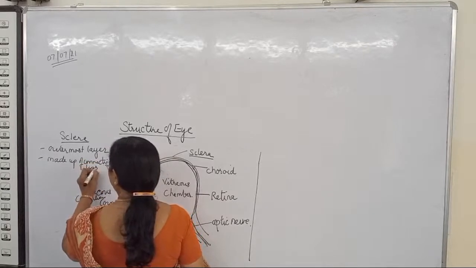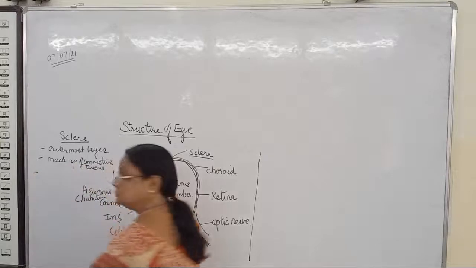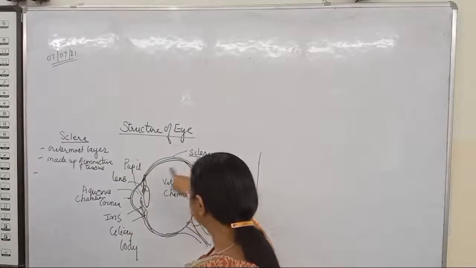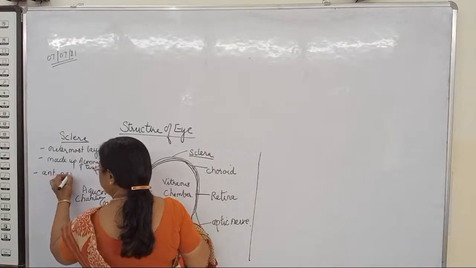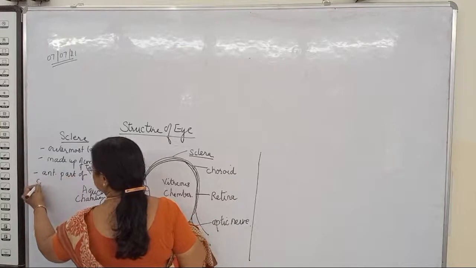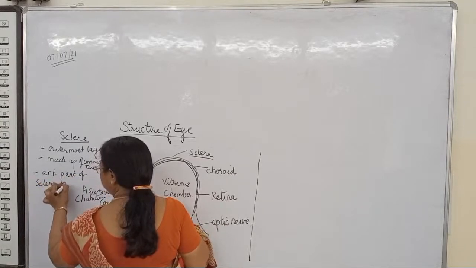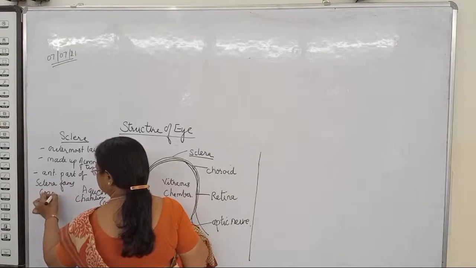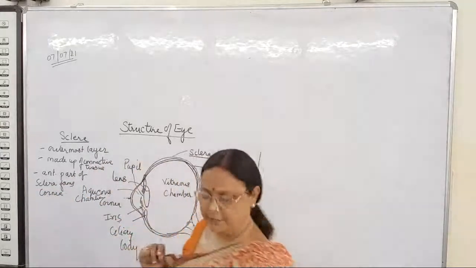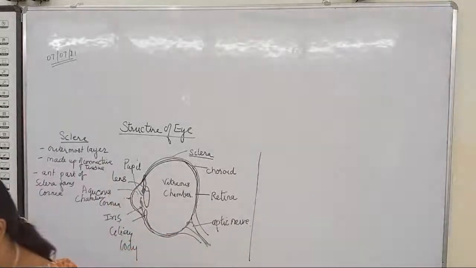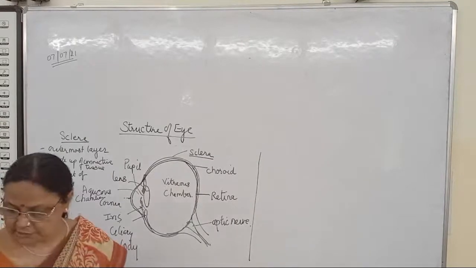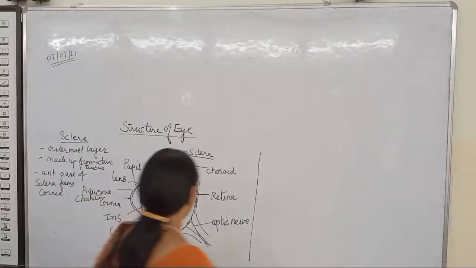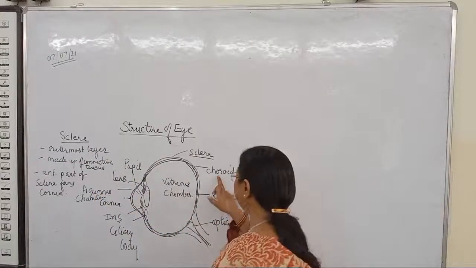Made up of connective tissue, and remember the anterior part of sclera forms the cornea. So the anterior part of the sclera forms the cornea. So you must remember these three things about the sclera.